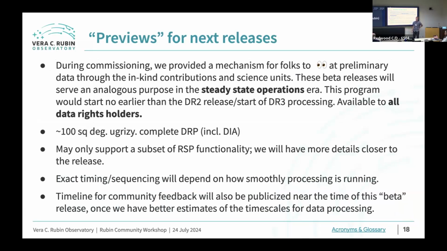Yeah, okay, so we picked 100 square degrees because that is the pilot runs that NEOJ has done for the HSC data release, and it was sufficient for assessing weak lensing quality of the data products. It was a contiguous 100 square degrees in all the bands, complete DRP pipeline, which includes the DIA branch of it. It is on the same order of magnitude as the DP0.2 data release, which was 300 square degrees.